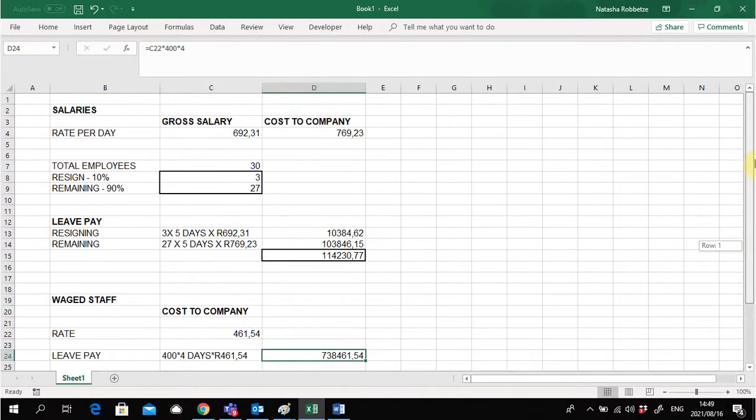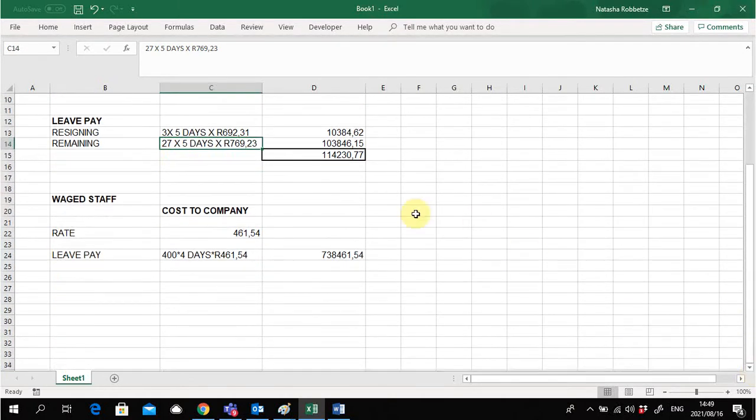Right, so there were a number of little tricks in this question. First of all, you should have realized that if there is a resignation, the rate that we use to calculate the leave pay is based on the gross salary. Should the employees remain, we are going to base it on cost to company. Then we should have been wary of the 10%, 90% split.